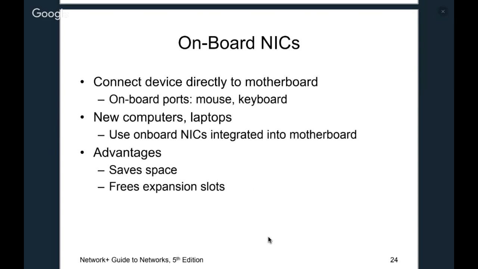Then modern day, when you go buy a laptop today and even desktops, what you normally will buy is what's called an onboard NIC card. An onboard NIC card, we'll see a picture in a second, is basically just like your mouse or keyboard. It's mounted to the motherboard. This is a view sideways of a motherboard. So you've got your current ports here for, let's say, your keyboard and your mouse.